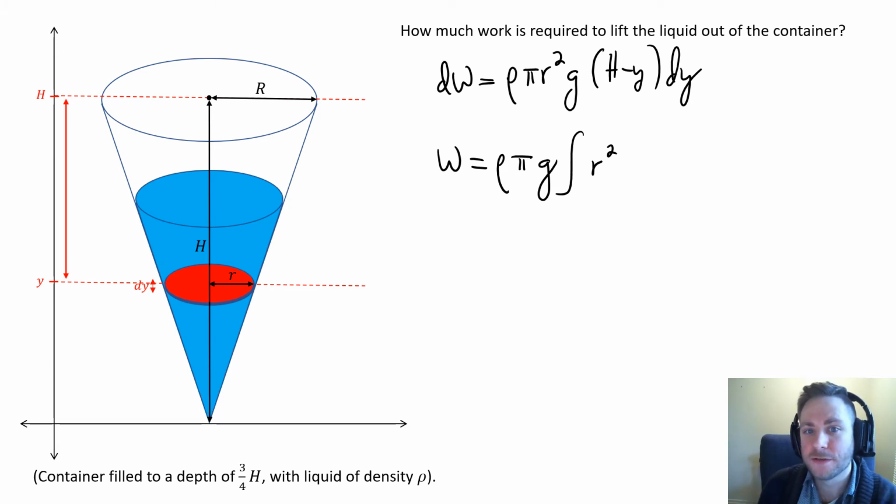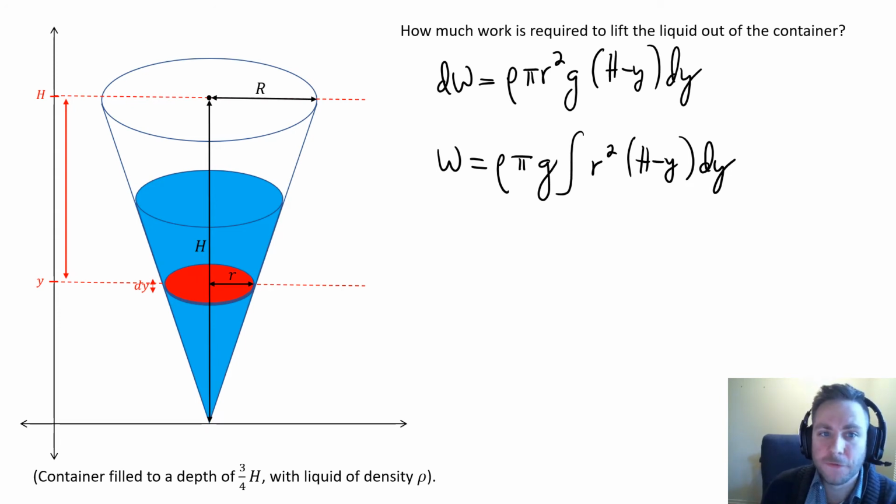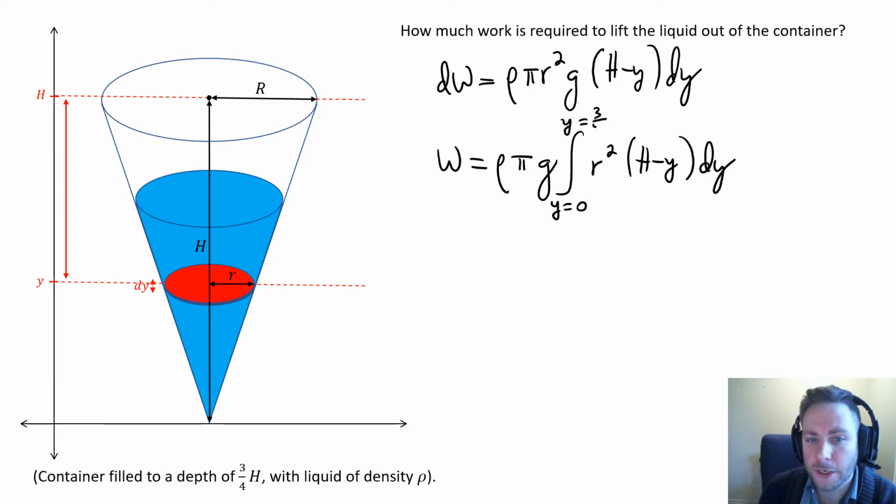So in other words, this radius lowercase r depends on the y value. So it's not a constant, we can't pull it out. So here we've got our integral, but what are the limits? Just look to the diagram and identify the position of the first and last slices, and I'll leave it to you to check that those are y equals 0 and y equals 3/4 h respectively.